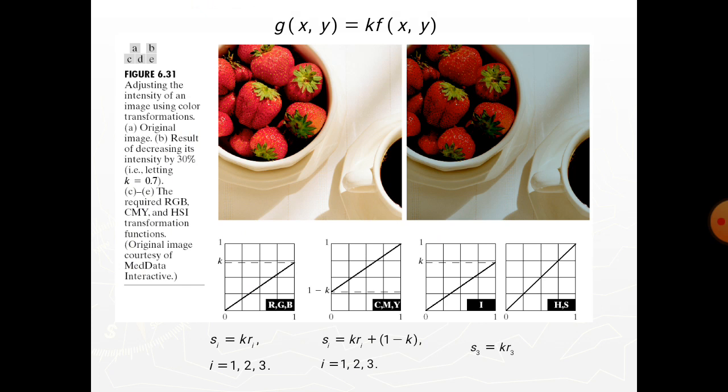So only the HSI intensity component r_3 is modified. In RGB color space, three components must be transformed: s_i = k r_i, where i = 1, 2, 3. And the CMY space requires a similar set of linear transformations: s_i = k r_i + (1 - k), where i = 1, 2 and 3.